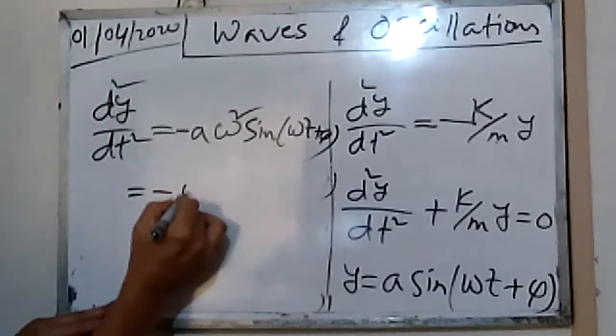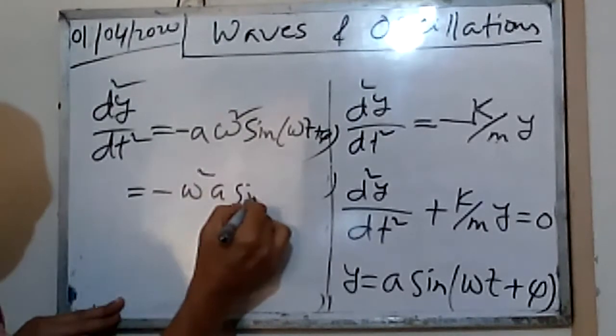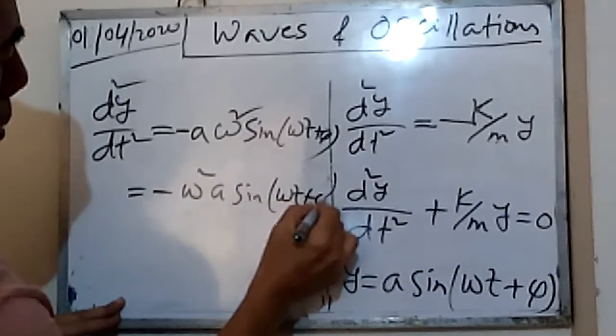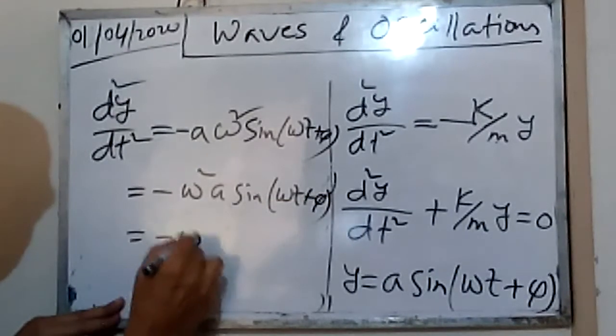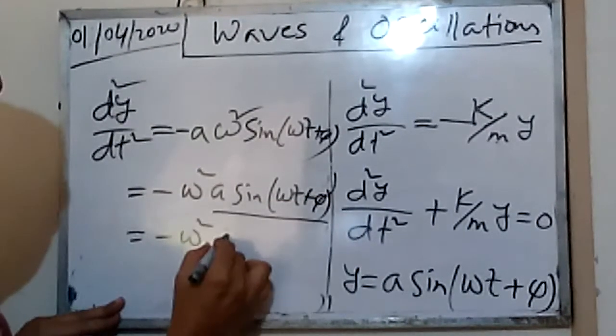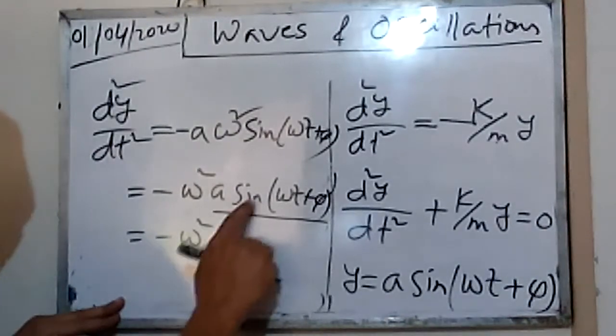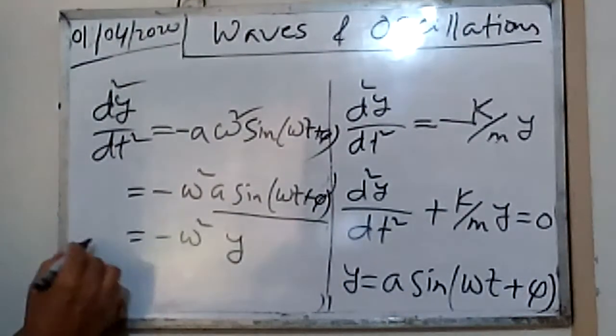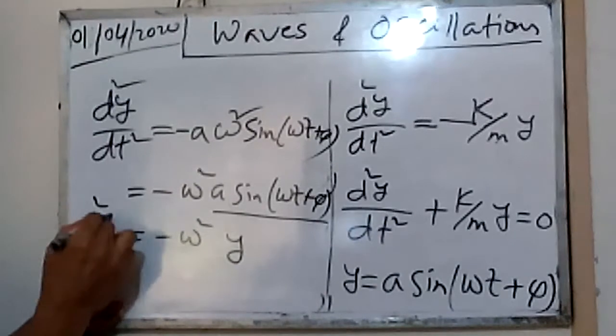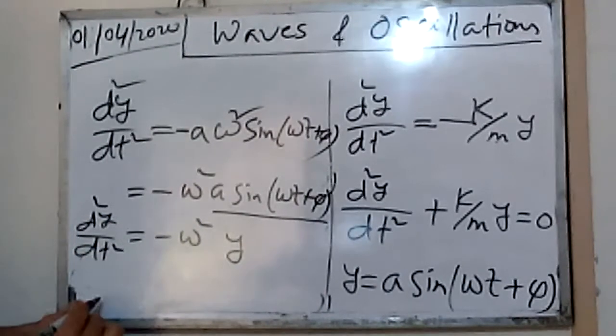Minus omega square a sine omega t plus phi, and this is actually y. So d square y by dt square equal to minus omega square y.